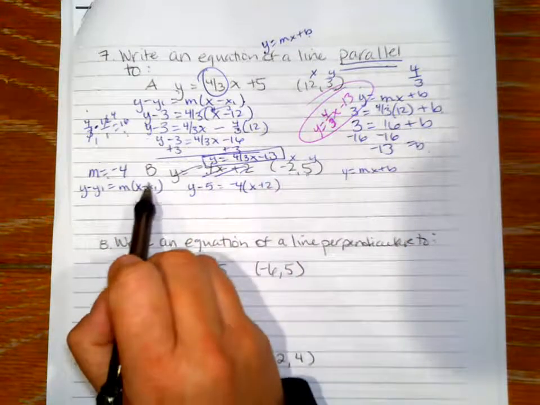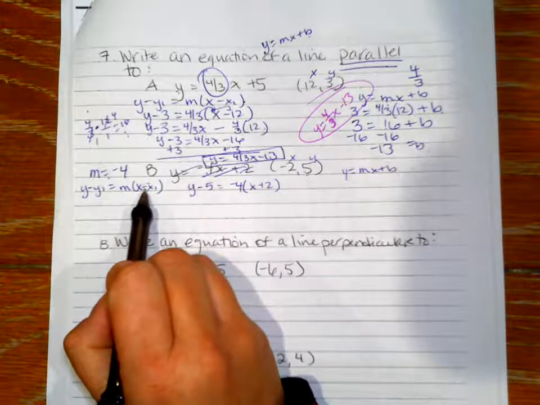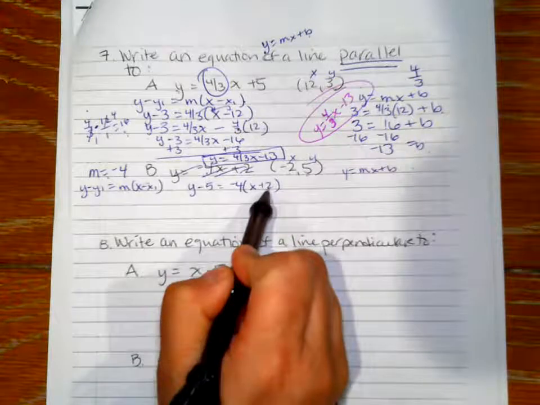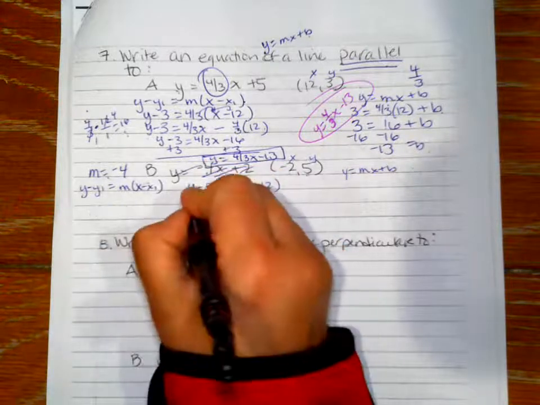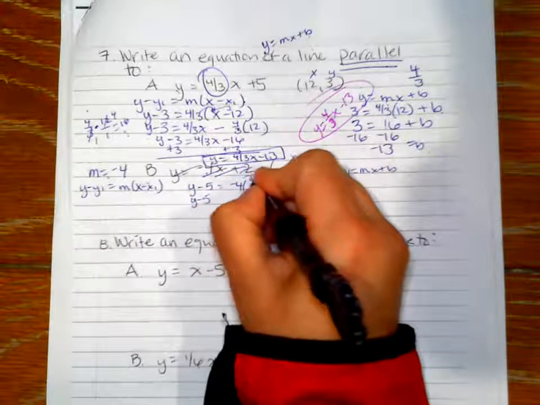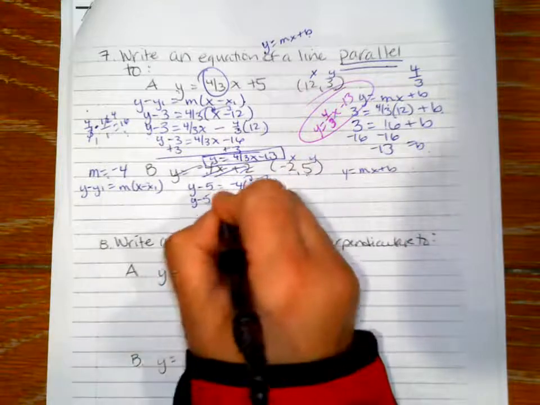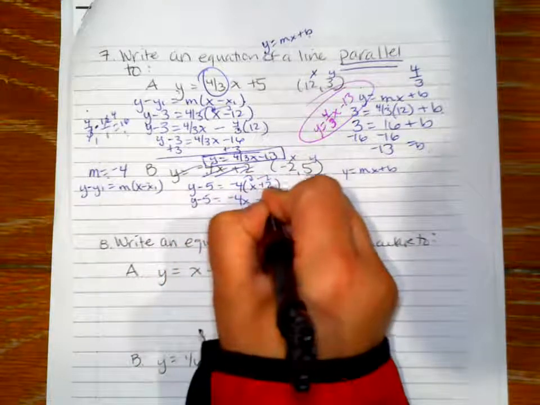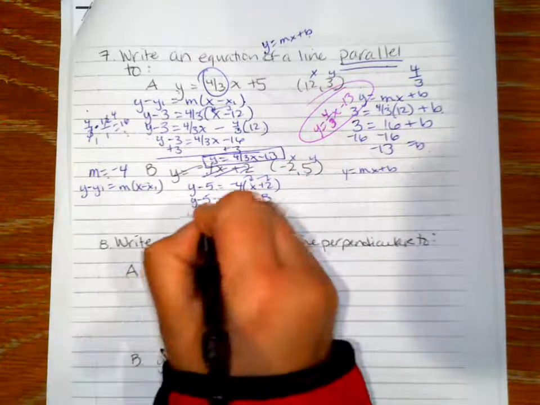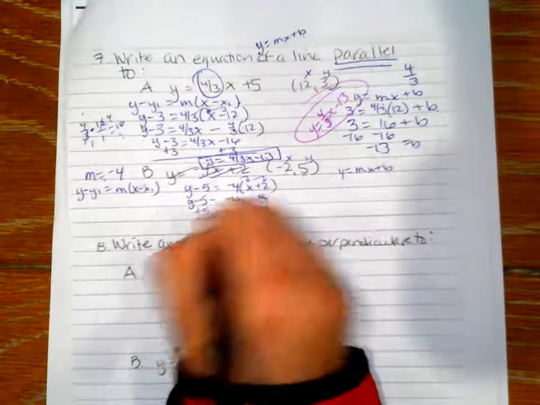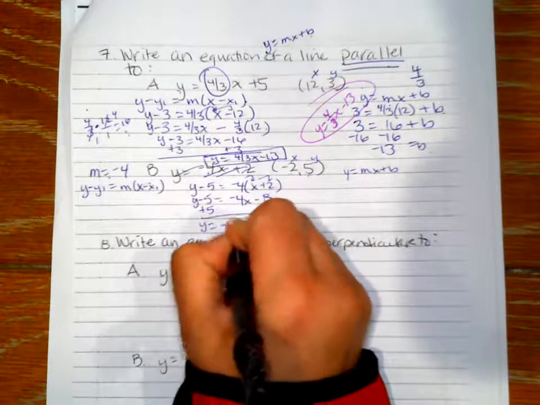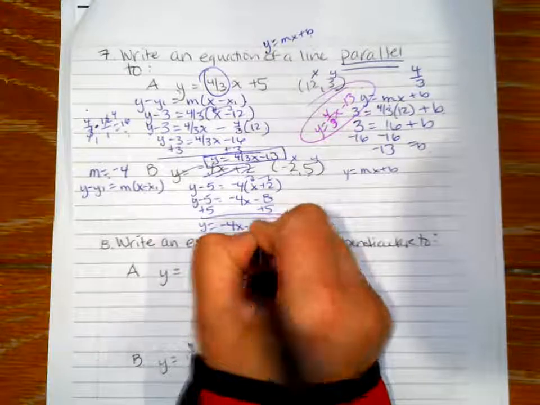So careful here. This negative is part of the equation. Your x is already negative. It's going to be plus 2. Go ahead and distribute here. y minus 5 equals negative 4x minus 8. I'm going to add 5 to both sides. y equals negative 4x minus 3.